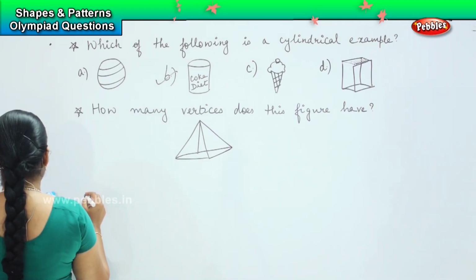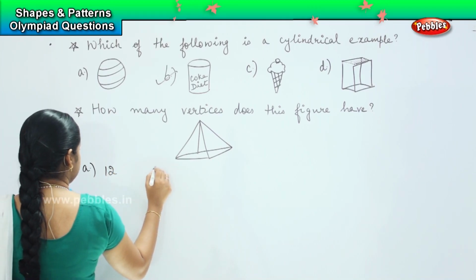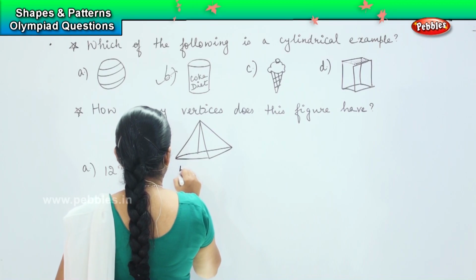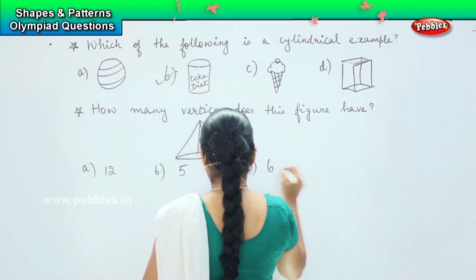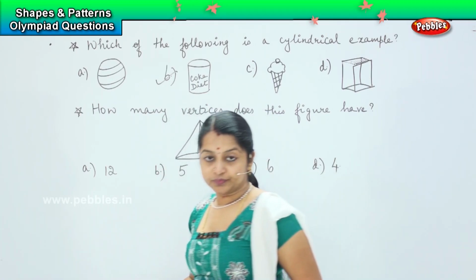And the options given are option A 12, option B 5, option C 6, and option D 4.